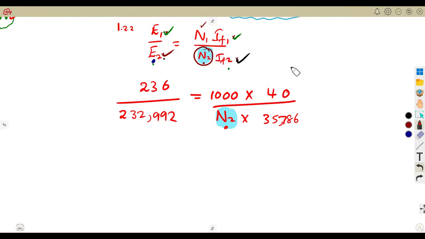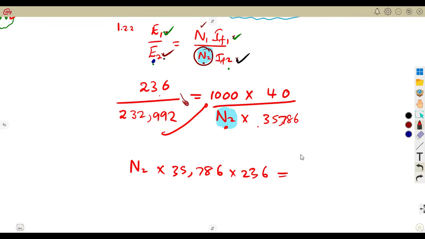So just like that, guys, you're going to cross multiply this and that. So let's cross multiply, this is going to be N2 times 35.786 times 236, so that all of us can understand each other here.